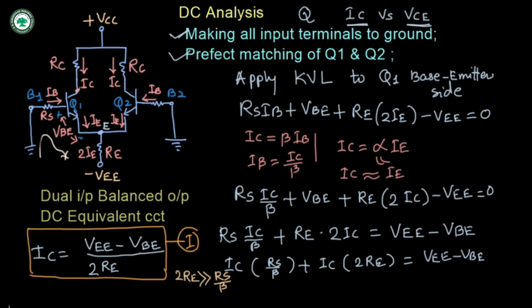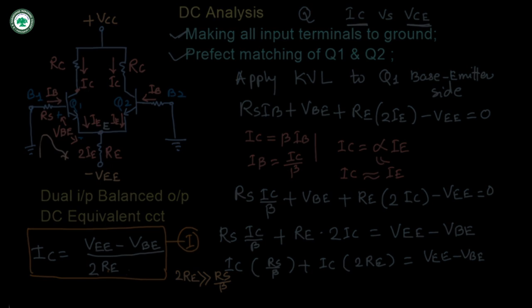VBE value, as it is the base emitter diode, for a silicon type of diode will be 0.7. So this value is known, this value is known, and suppose this RE value we have selected in the proper way, so we will be getting RC according to the value of RE.